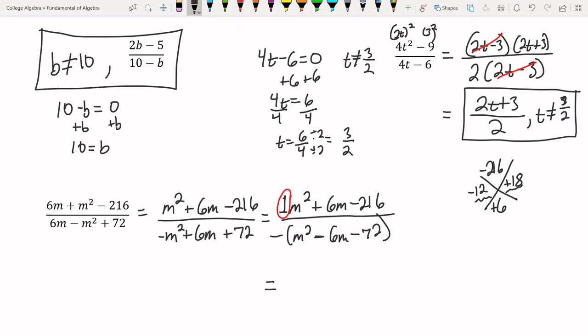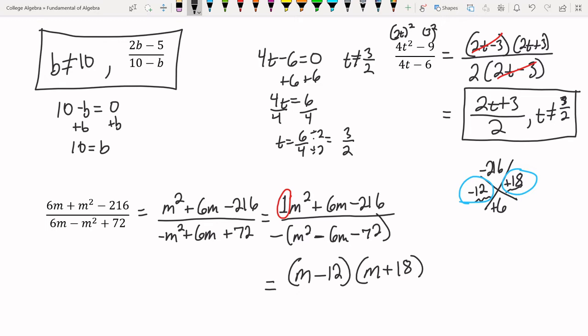It's going to be the variable m minus 12, multiplied by the variable m again plus 18. You can do the rest of the AC method if you want. What you're going to find is you're going to end up getting this factored form. It's just a nice little trick to doing it faster when you have these common problems where a equals 1.